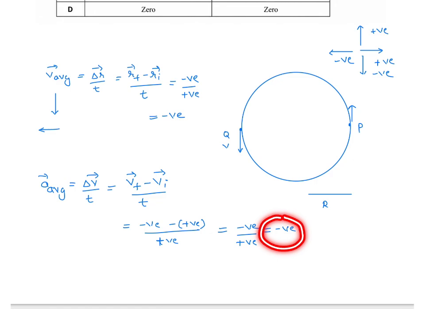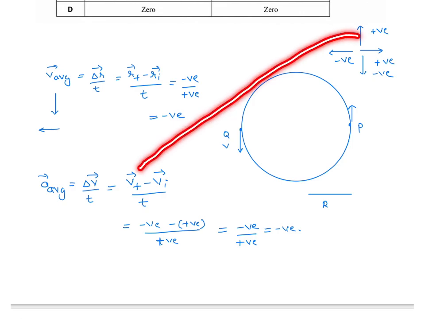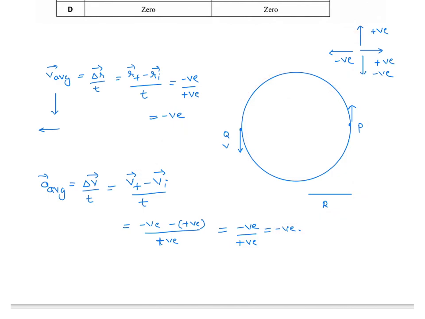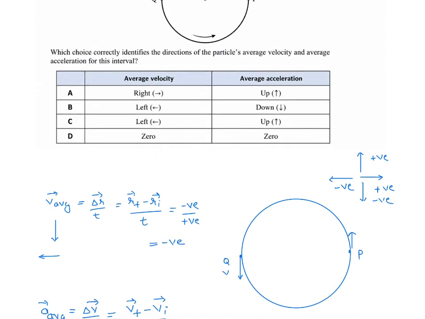But here, negative implies this direction, because here upward direction has been considered to be positive and downward direction has been considered to be negative. And since we are getting negative, it implies downward direction. So direction of acceleration is downward. So direction of velocity is left and acceleration is downward. So option B is correct.